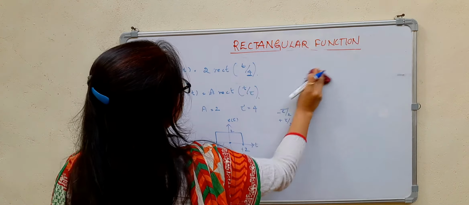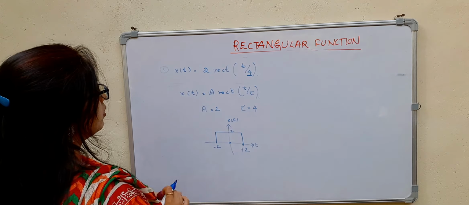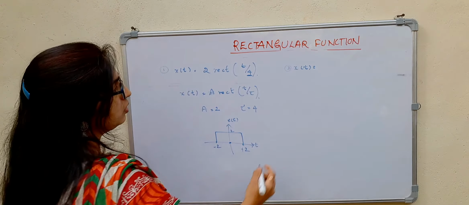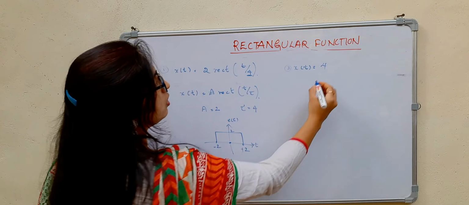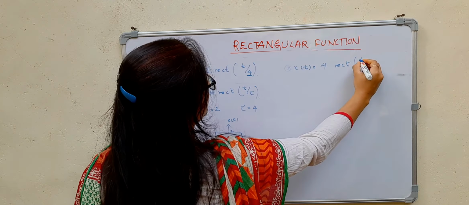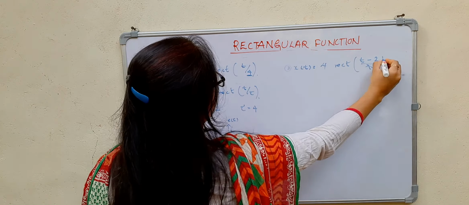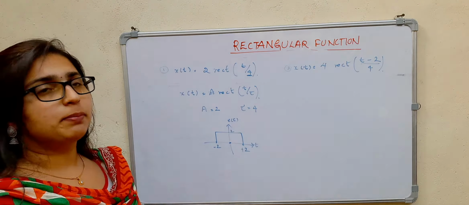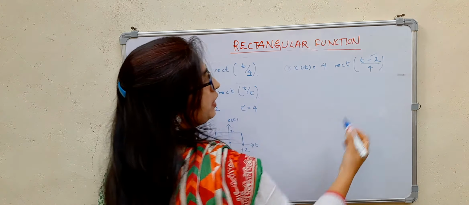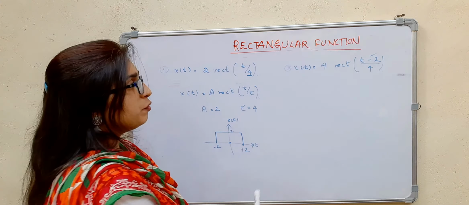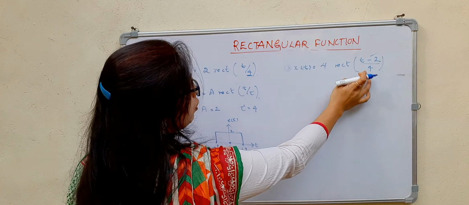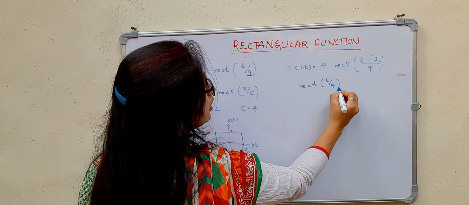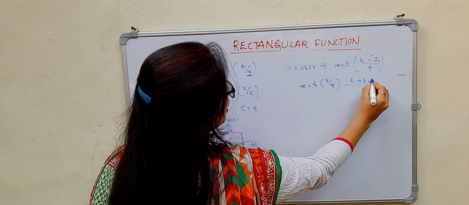Next let us consider x of t is equal to 4 rectangular t minus 2 divided by 4. Here you have the shifting of the rectangular function, right? So first you have to find rectangular t by 4. Then take t as t minus 2.